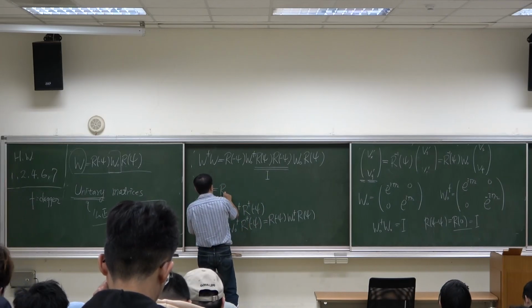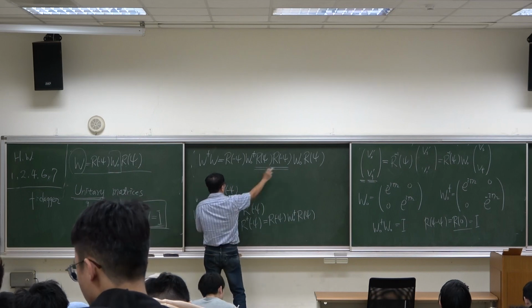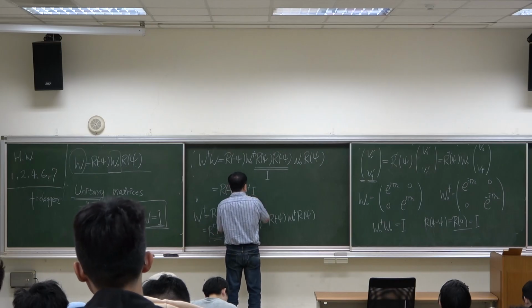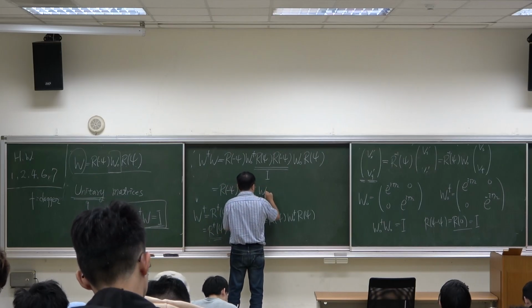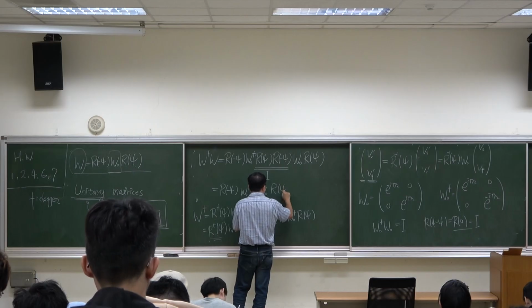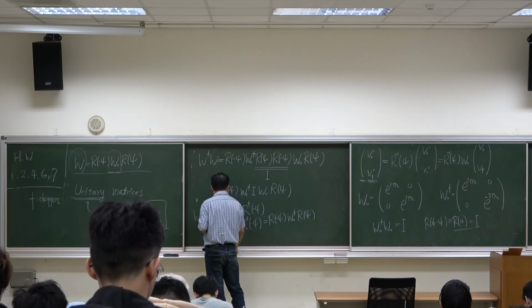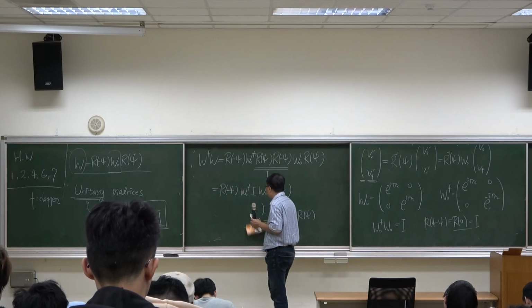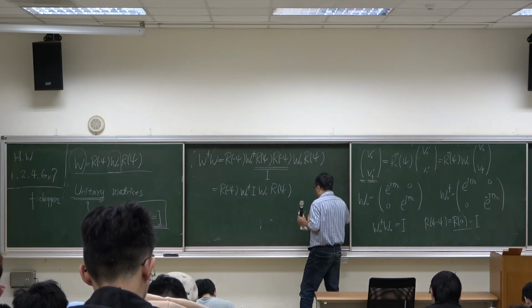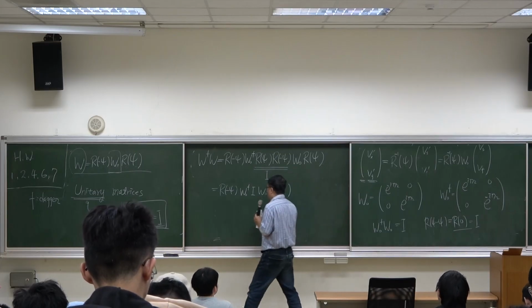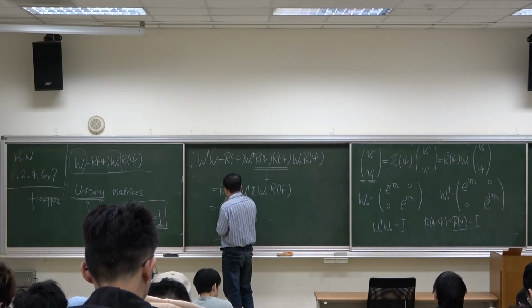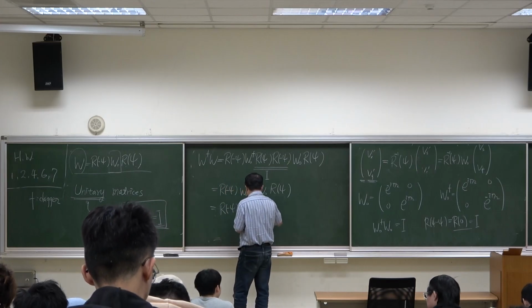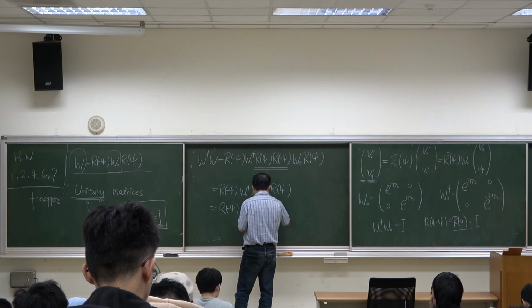This is equal to R minus psi times W0 dagger times the unit matrix times W0 R psi. And this is R minus psi W0 dagger W0 times R psi.